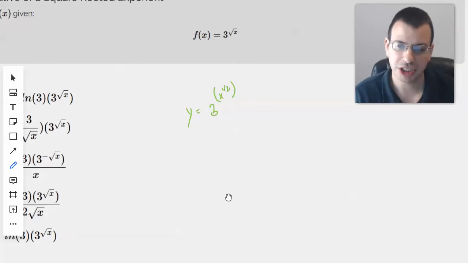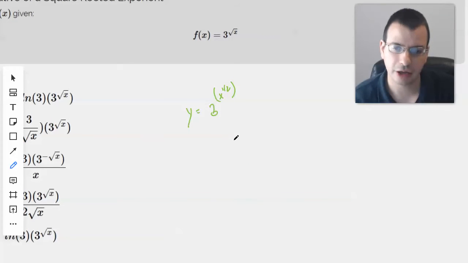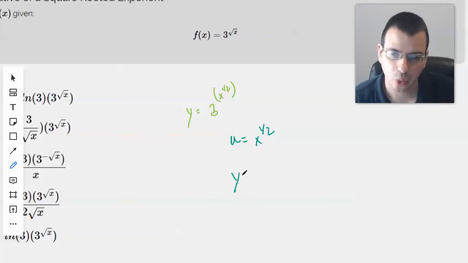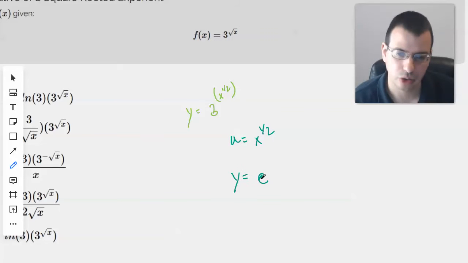Just to keep life a little bit simpler and more understandable, I'm going to say that u equals x to the 1/2. So x to the 1/2 is the same as the square root of x. So we have y equals 3 to the u.